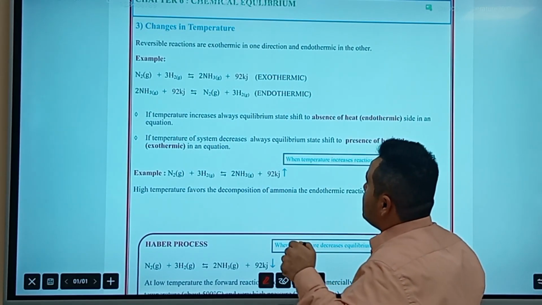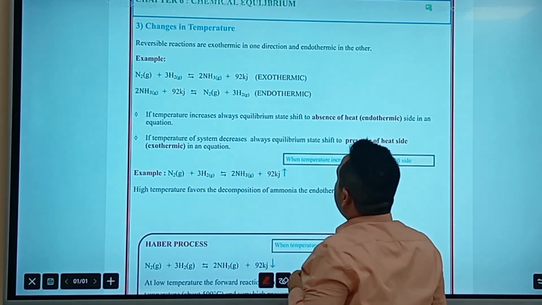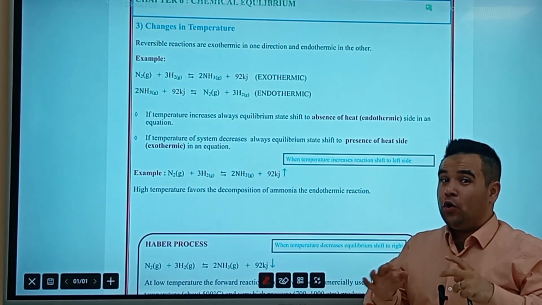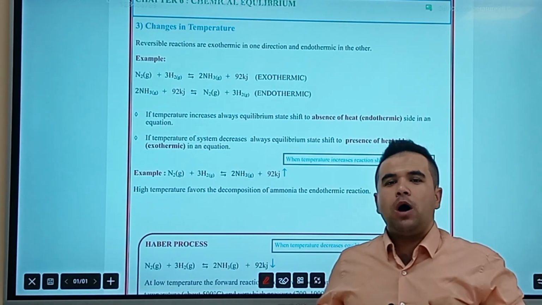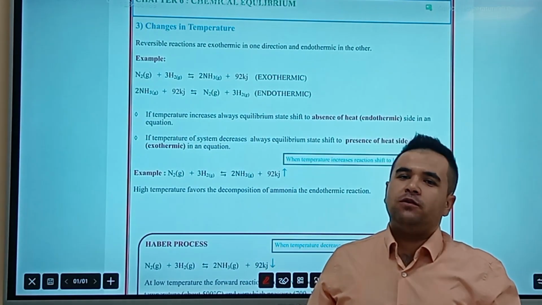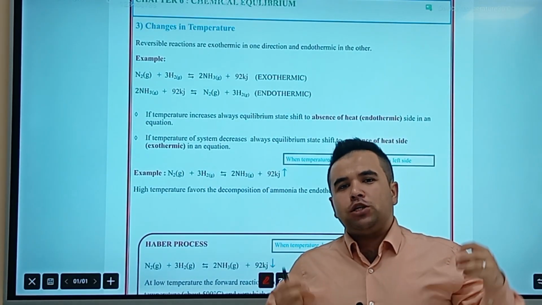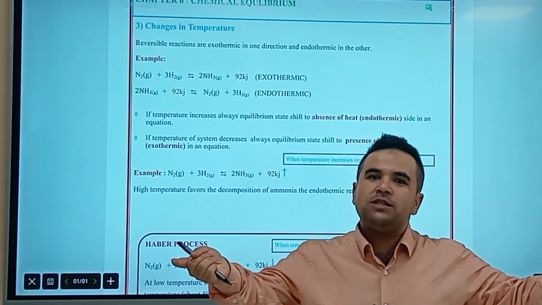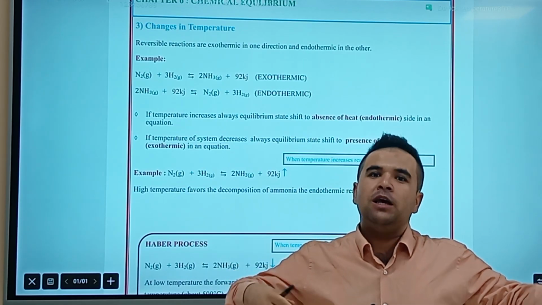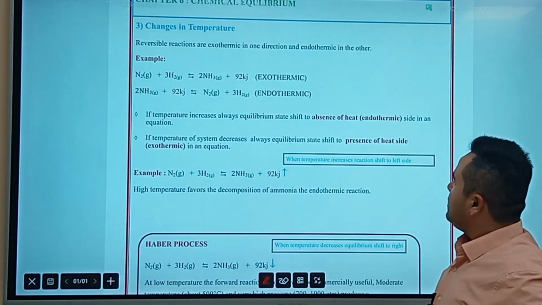The reactions, guys, reversible reactions are exothermic in one direction and endothermic in the other direction. So here we cannot say always increasing temperature favors toward a side, decreasing favors toward the other side. We have to know whether the reaction is endo. Increasing will favor one side, decreasing temperature will favor another side. Exo, just the opposite, favors toward different sides.